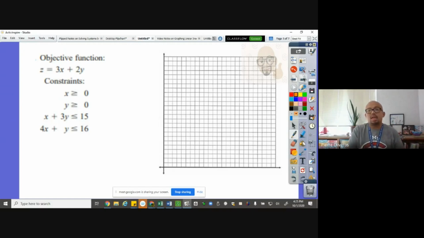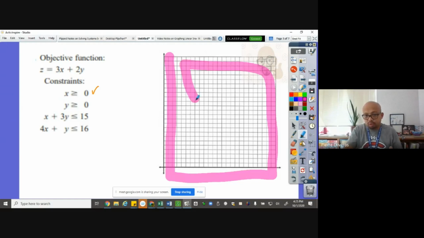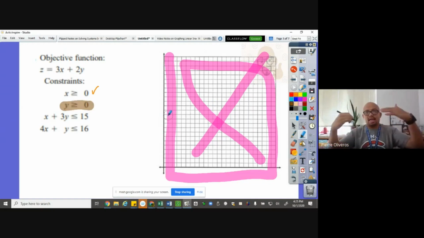For math, let's say this is our system here: x greater than 0. That means all the positive values of x. All the positive values of x are on the right side of our plane, in the first and fourth quadrants, right? And y greater than 0 means all the values above the x-axis.